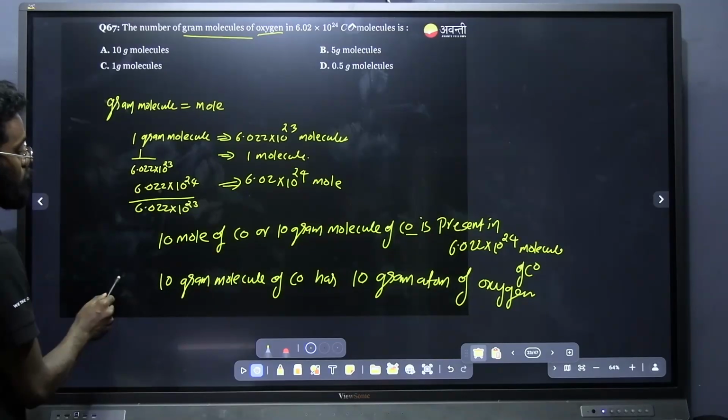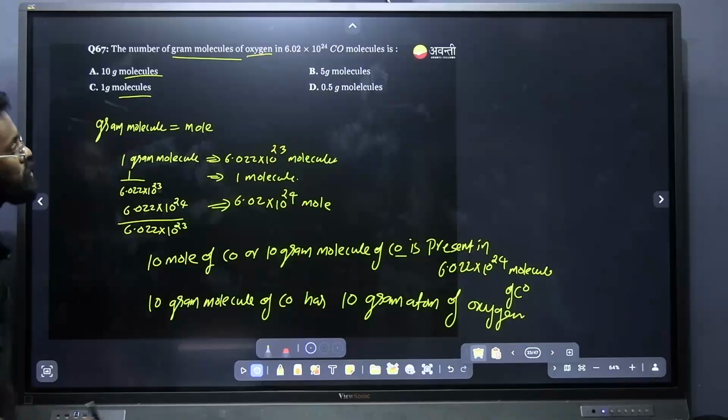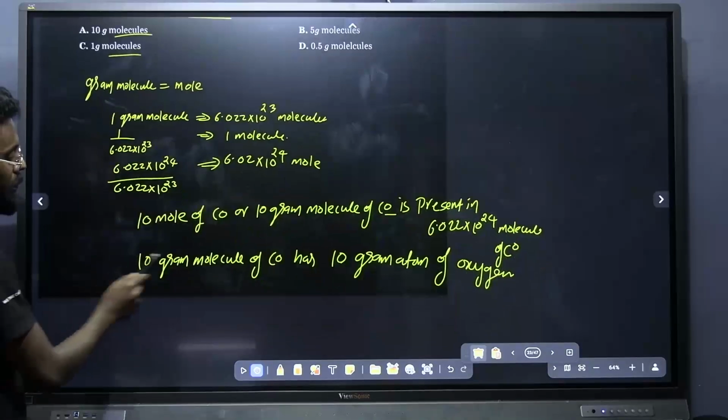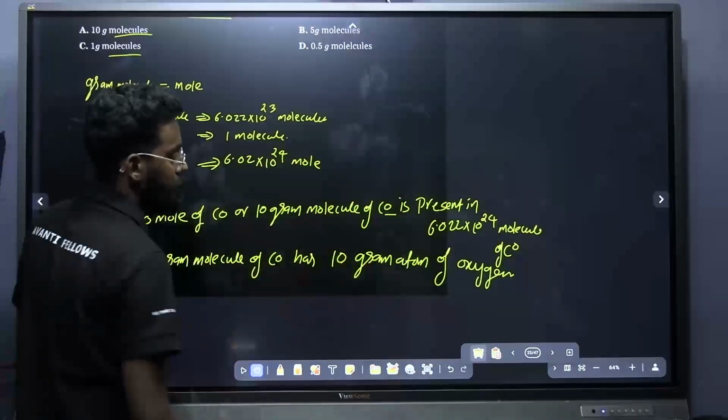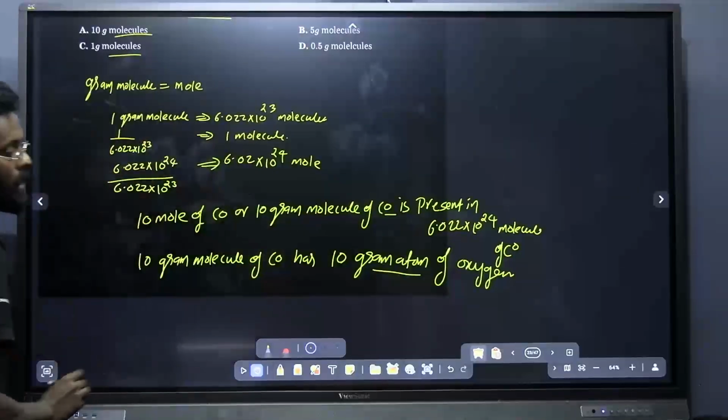Now the question is asking in terms of molecule. 10 gram molecules of CO have 10 gram atoms of oxygen, because oxygen is an atom, so I have to represent it using gram atom only.